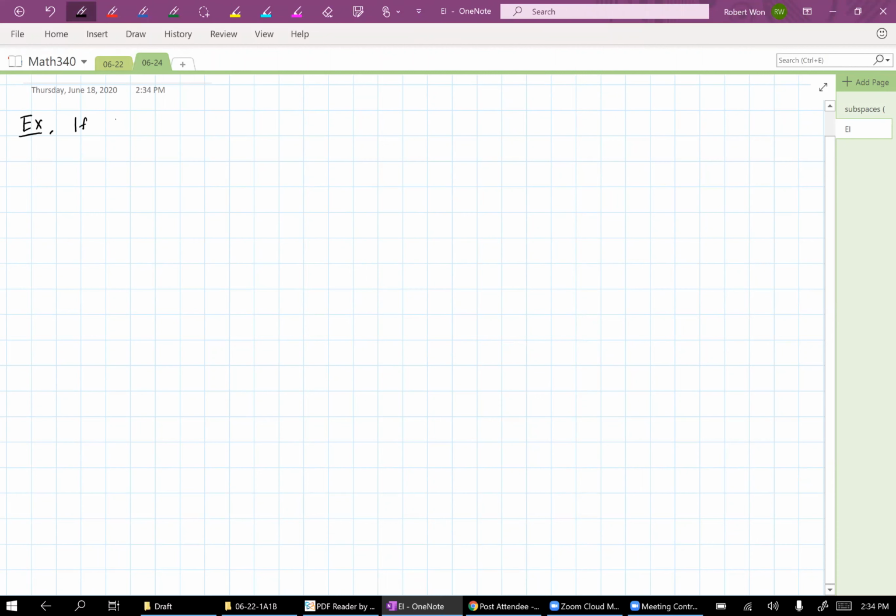So if b is a scalar in F, then we can consider the following subset of F^3. Okay, so the set of all vectors in F^3 such that, say, x1 minus 3x2 equals b, right? So this will contain some vectors.